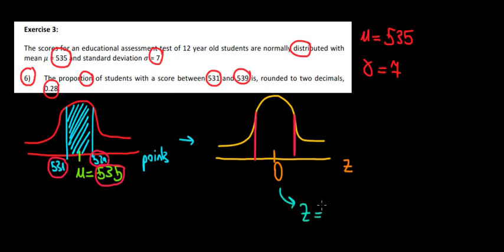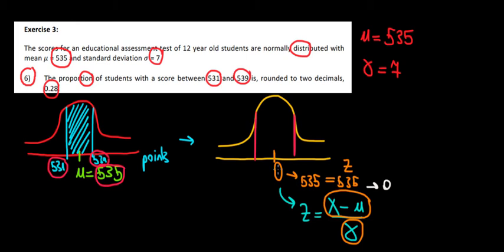The z value is going to be equal to the observation minus the population mean, divided by the standard deviation. So by how many standard deviations is the observation far from the population mean? At this point, the observation itself, 535, is equal to the population mean, so the difference between them is equal to 0. That's why the mean of the z distribution is 0. We are 0 standard deviations away.